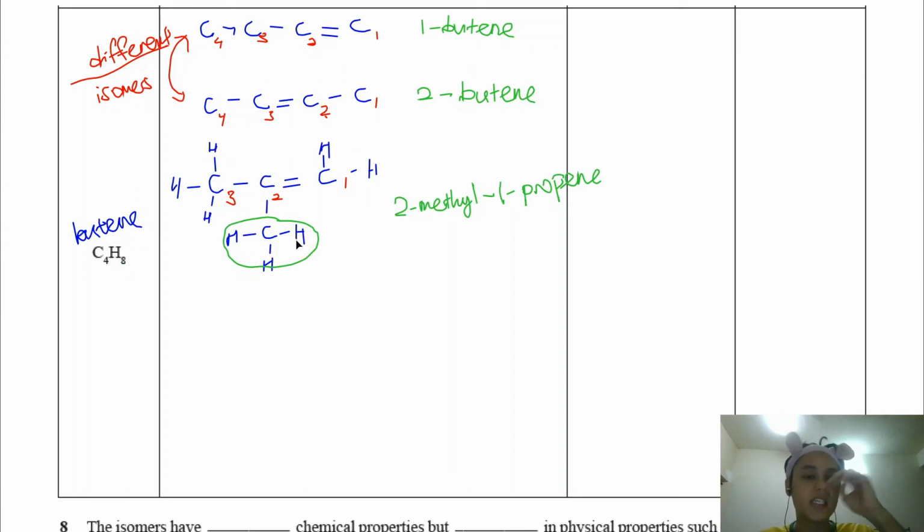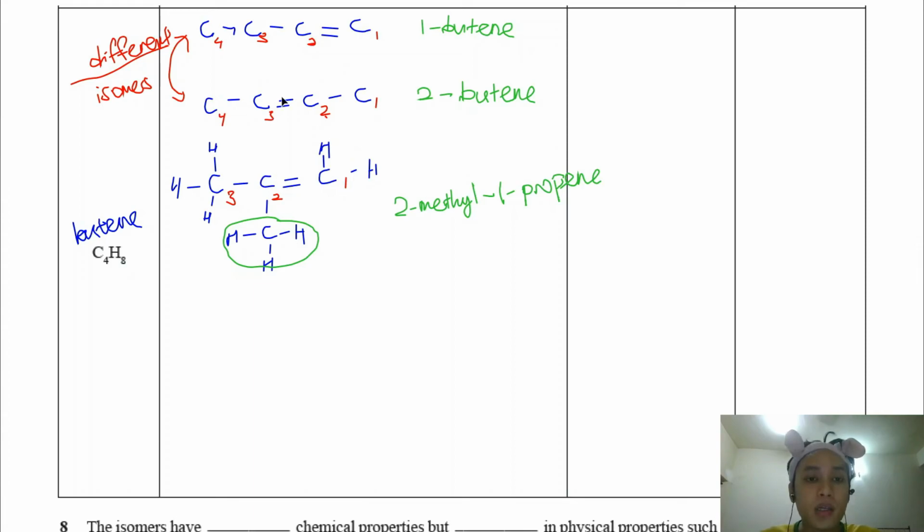So in other words, for your structural formula, you need to look at it from different perspectives. For alkene, I would suggest first you draw the straight chain, and then you put the double bond at the first carbon first, and then you try and shift the double bond. See how many different double bonds you can get: 1 butene, 2 butene, 3 butene, something like that.